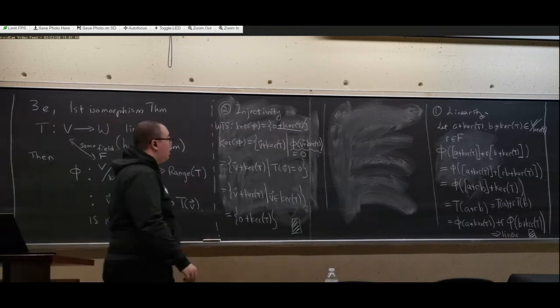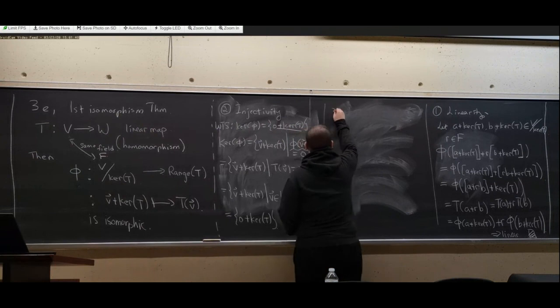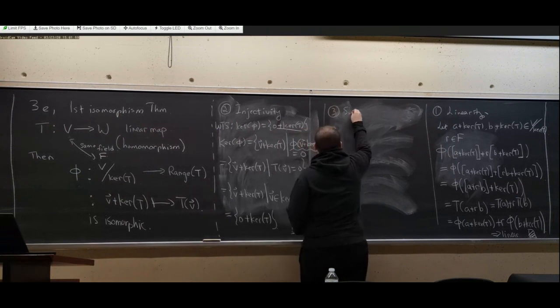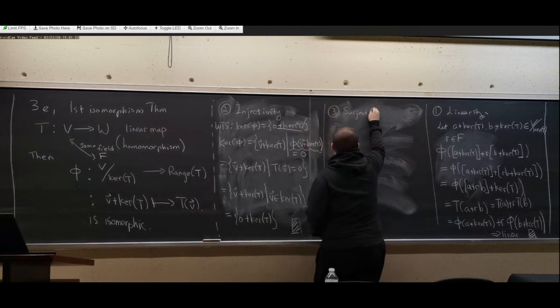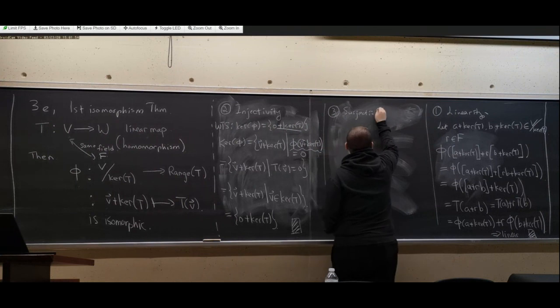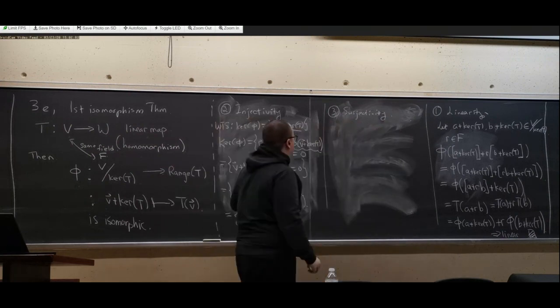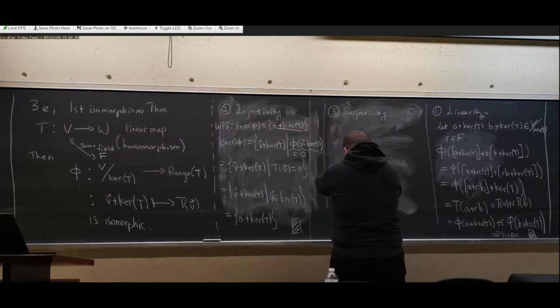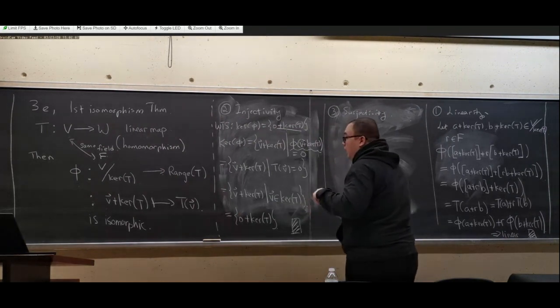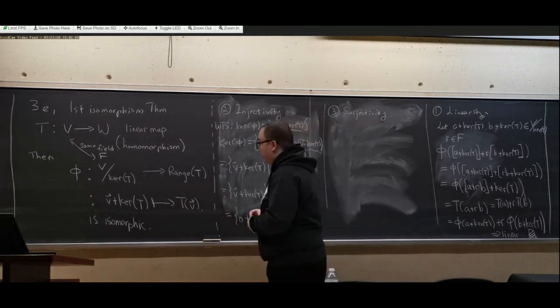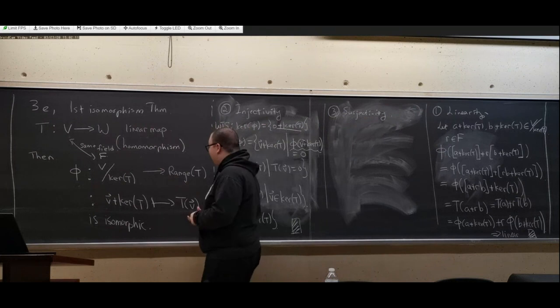Okay. And then for surjectivity, my handwriting is awful. So for surjectivity, we want to make sure that everything in the codomain is in the range, right?